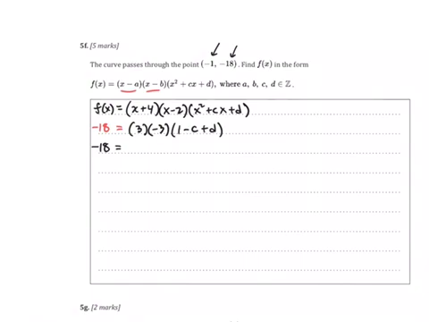That'd be negative 9 times 1 minus c plus d. Therefore, it looks like you get 2 equals 1 minus c plus d. So we could say that 1 equals negative c plus d.